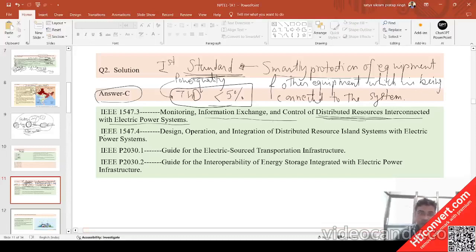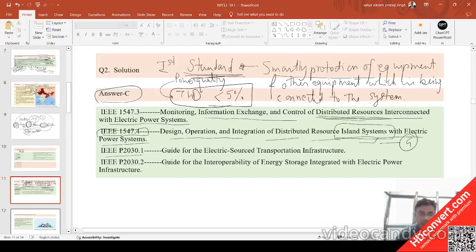And the second is 1547.4, that is the design, operation, integration of distributed resources island systems with electrical power system. What do you mean by the island system? Island system means the part disconnected from the electrical grid.